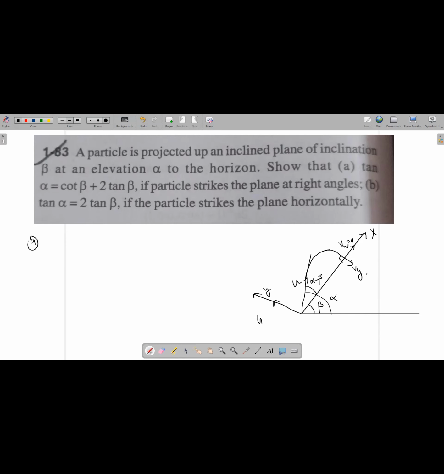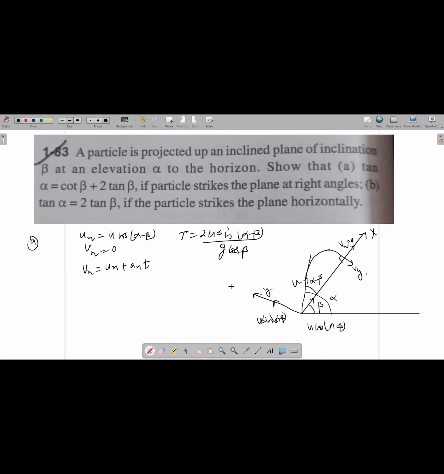There will be two components: u sine alpha minus beta, and u cos alpha minus beta. So ux is u cos alpha minus beta and vx is 0. Apply the formula vx equal to ux plus ax into t, where t is the time of flight. The time of flight is 2u sine of the angle of projection, that is alpha minus beta, upon g perpendicular, that is g cos beta.